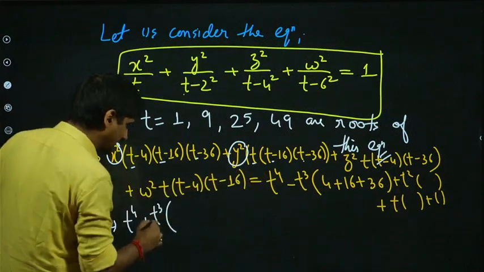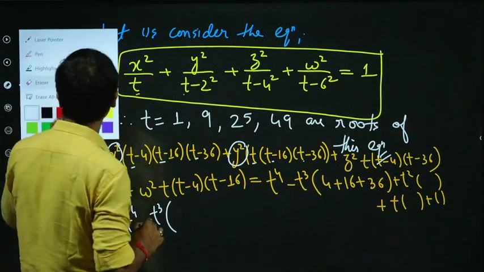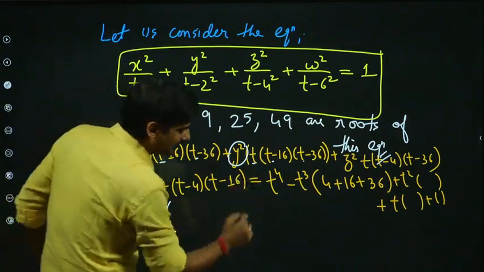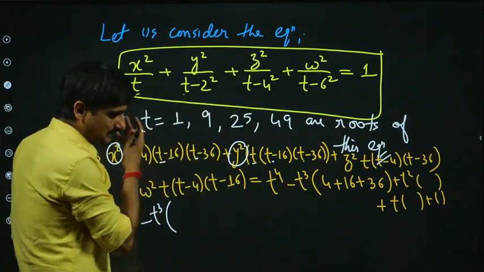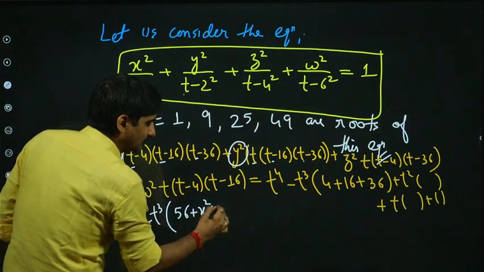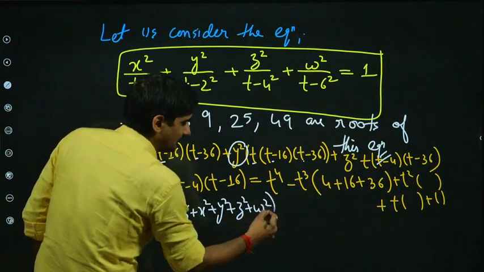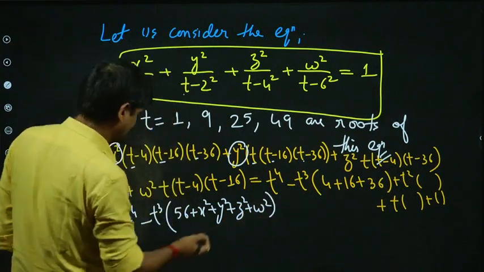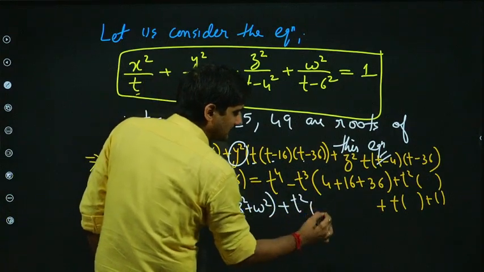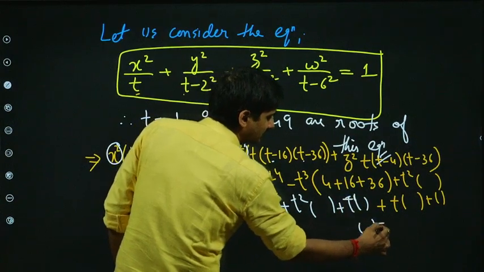Bring all these to this side and I will take minus common because all are of negative sign here, bachcho. So this will be 4 plus 16 plus 36, which is 56, plus x square plus y square plus z square plus w square. All of you I think will agree to it.